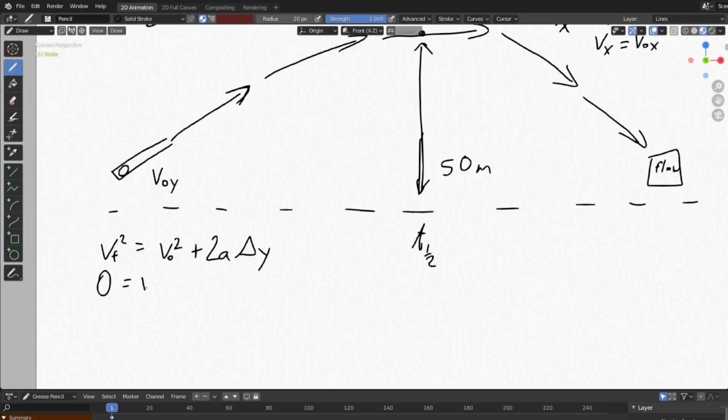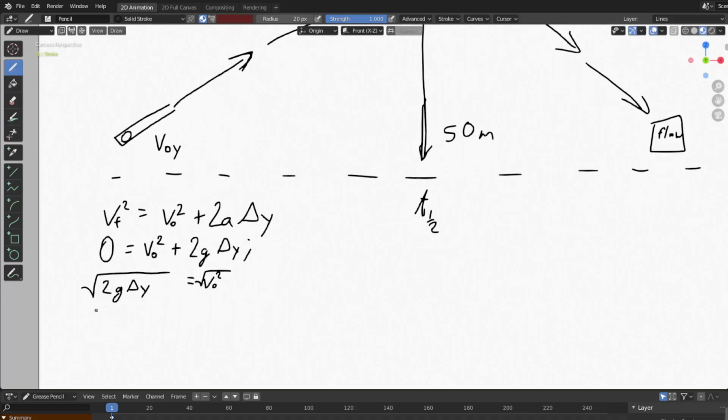So, trying to figure out what v naught squared is, plus 2g delta y. The way we're going to actually do this is just by saying that, this might be the easiest derivation I've ever done in my life. So we can just say this.